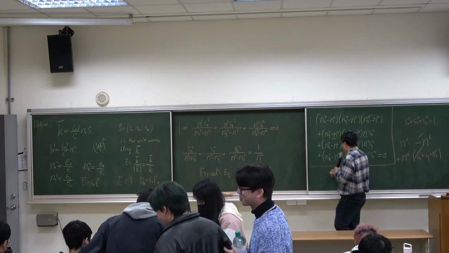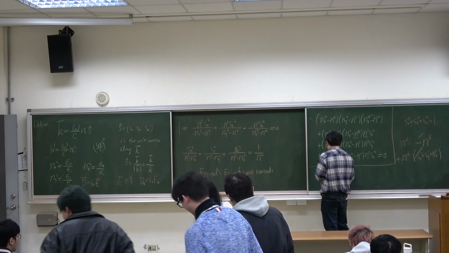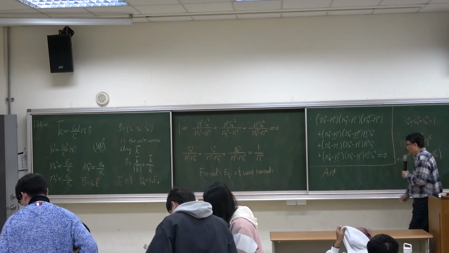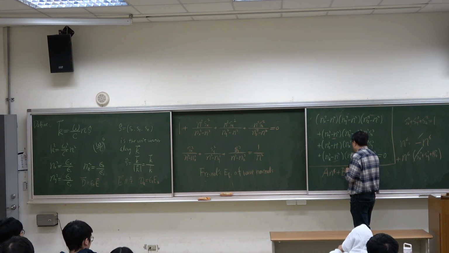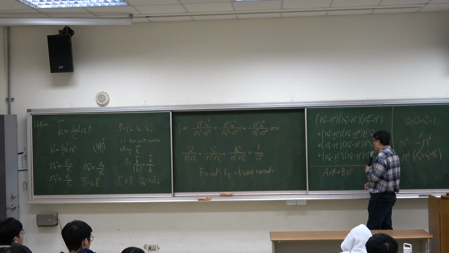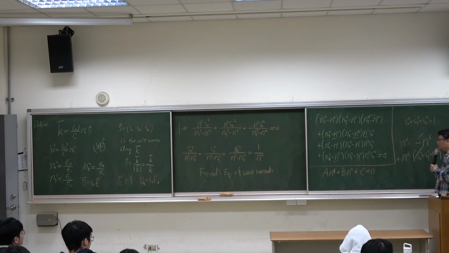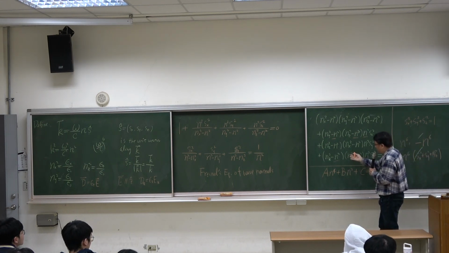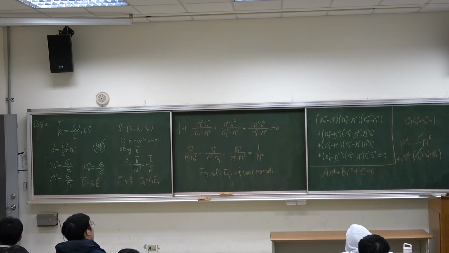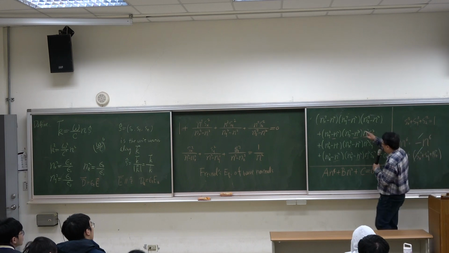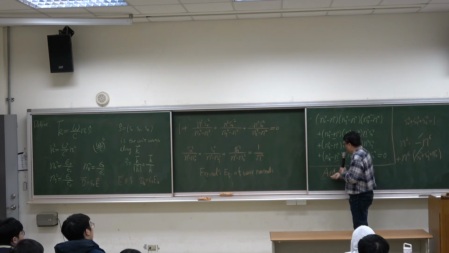So finally, this equation is a fourth power equation. We may write this as A times n to the 4th power plus B times n squared plus C equal to 0. There are no odd powers, we have only even powers. What A, B, and C look like is easy to write down.